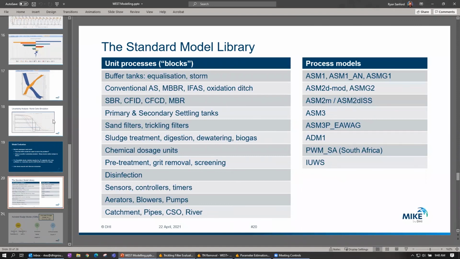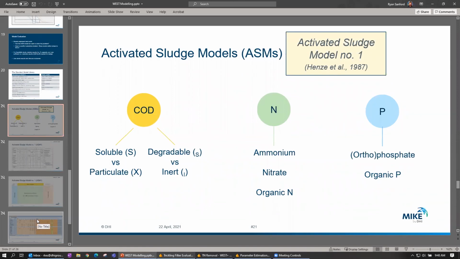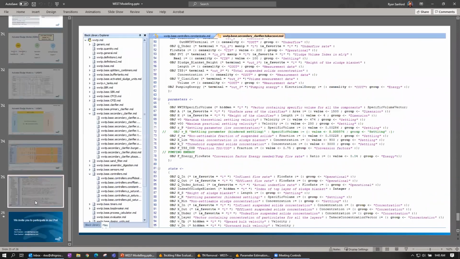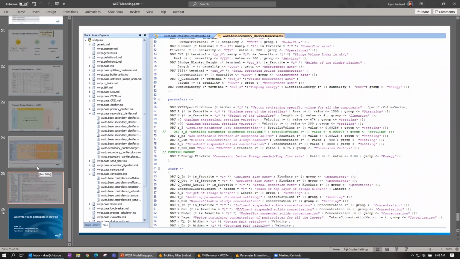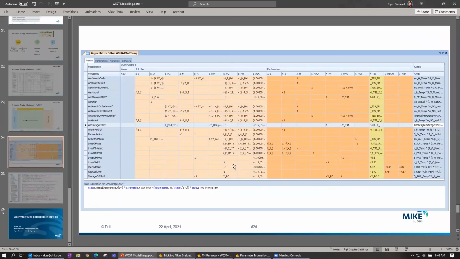If that's the case, then it's probably time to unpack that and build our own model, which we can do with our model editors. There's a picture of Enrico going to town on one of the model editors, but you can also just tap into the GUI or matrix and make these changes inside the WEST GUI.